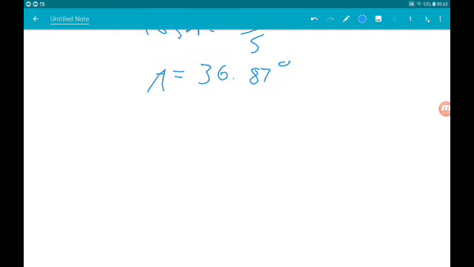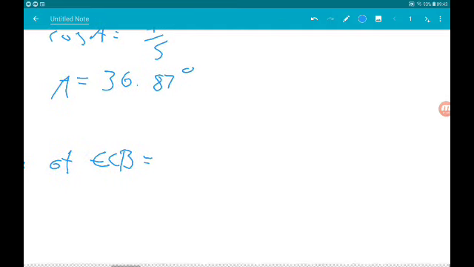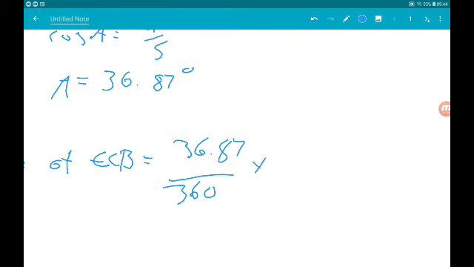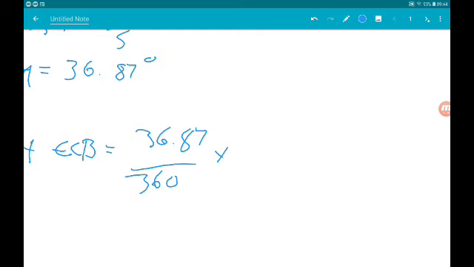So the area of the sector is 36.87 over 360 times pi times 25, so times 25 pi. So that is going to give us 8.04. Cool.